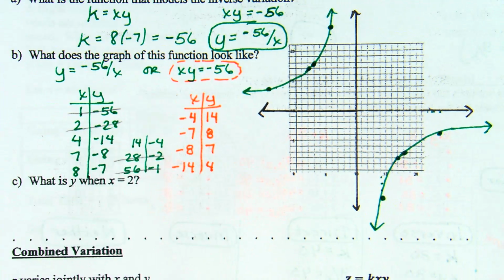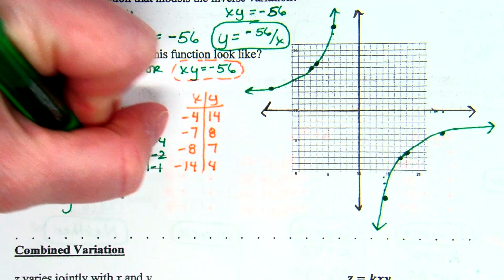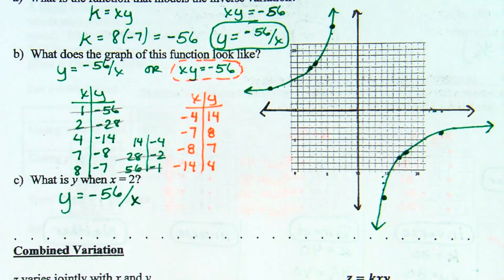Okay. So I heard 3 options there. I heard using xy equals negative 56, divide the 2 over. I heard using y equals negative 56 over x, plug the x in. I heard it's on our xy chart. Are those all valid options? Yeah. All perfectly good valid options. Okay. So if I want to write something official down, I'm going to pick an equation.